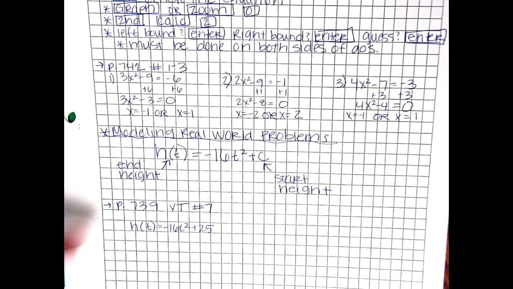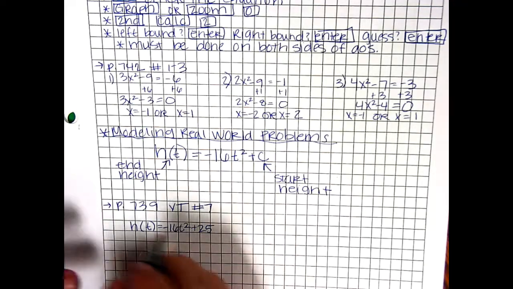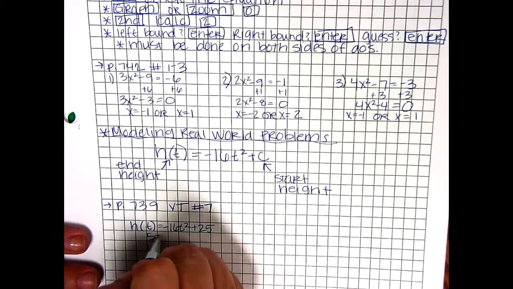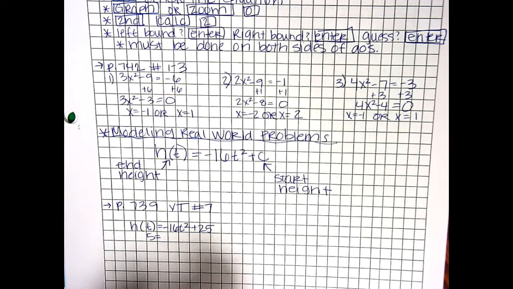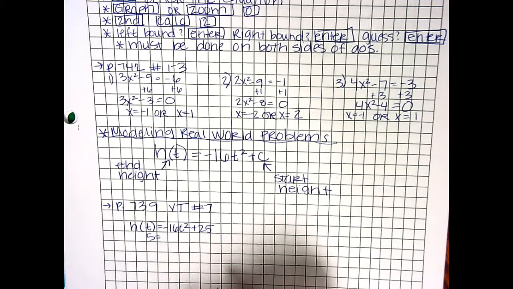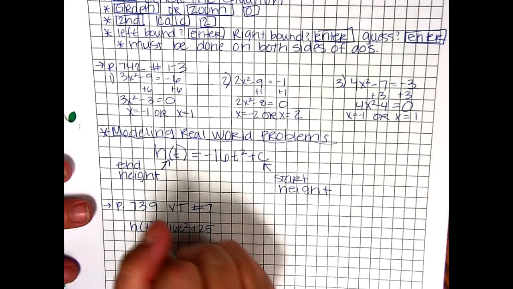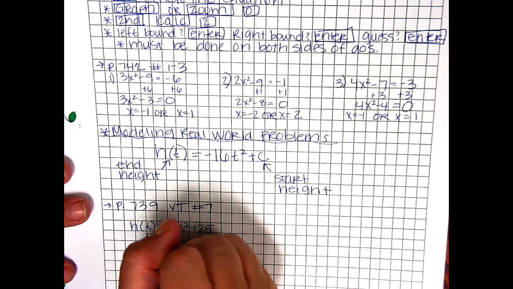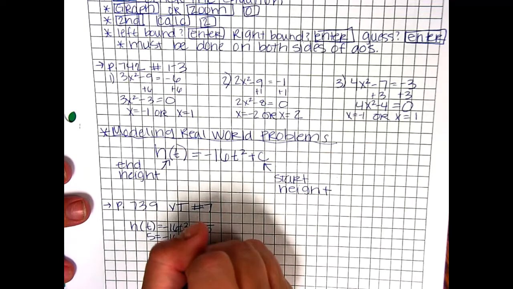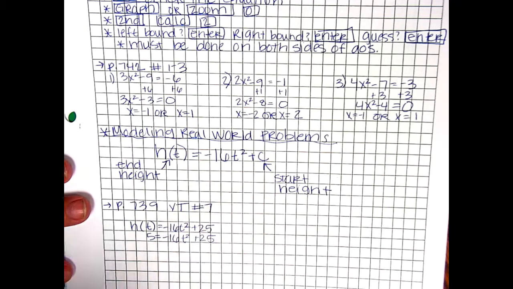Okay, the end height is 5. That's because it said the plant was 20 feet below where the egg dropped from. So if it dropped from 25 feet and dropped 20 feet, it has to land 5 feet above the ground. So 5 equals negative 16 t squared plus 25.